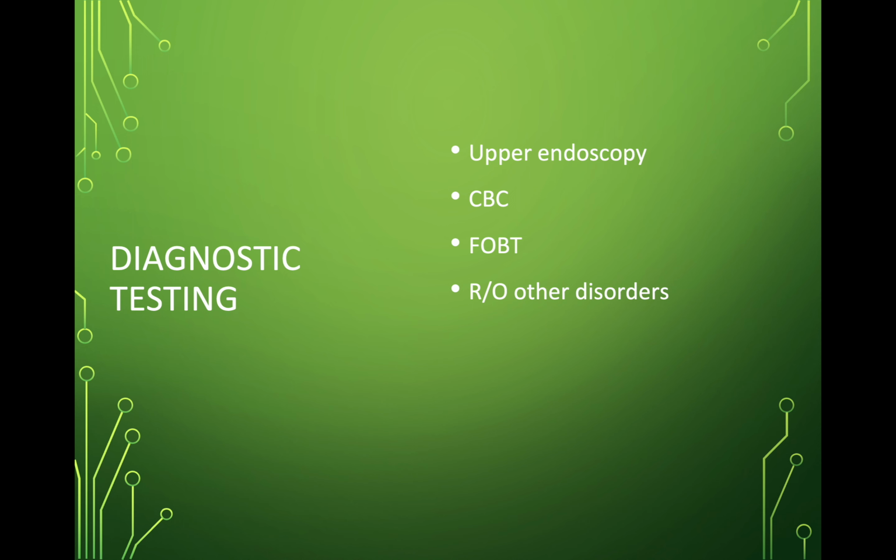If a patient has a peptic ulcer, or we suspect that they have an ulcer, it's highly likely that they are going to get an upper endoscopy or an EGD. This is going to allow the provider to actually visualize, through the utilization of a scope, the stomach and the first part of the small intestine, so they can actually see the ulcer, if there is one there.